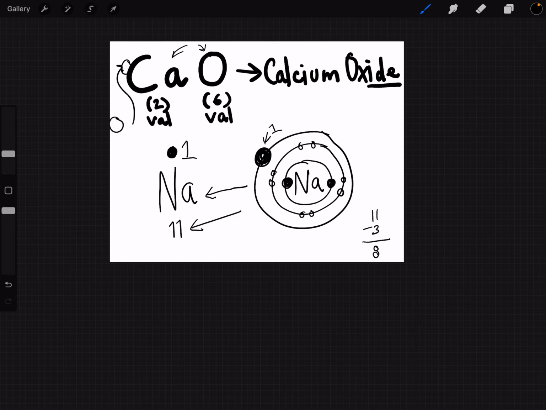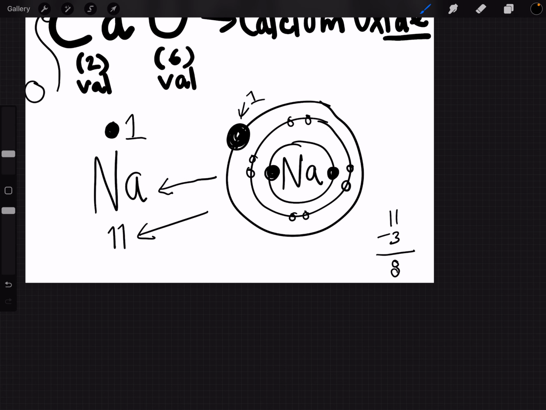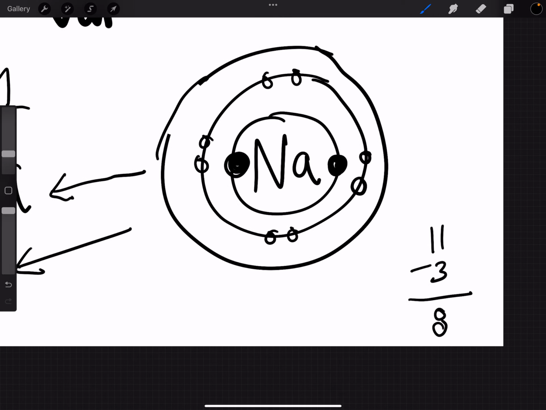So it's like, what can this atom do to be happy? Well, since it only has 1 valence electron, it can just get rid of it. And it would be left with all these 8 outer electrons.